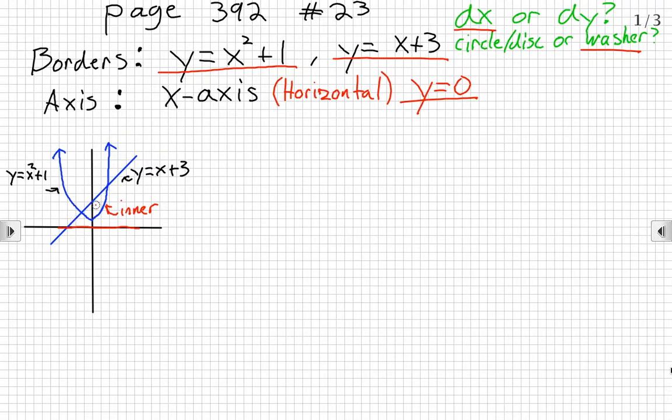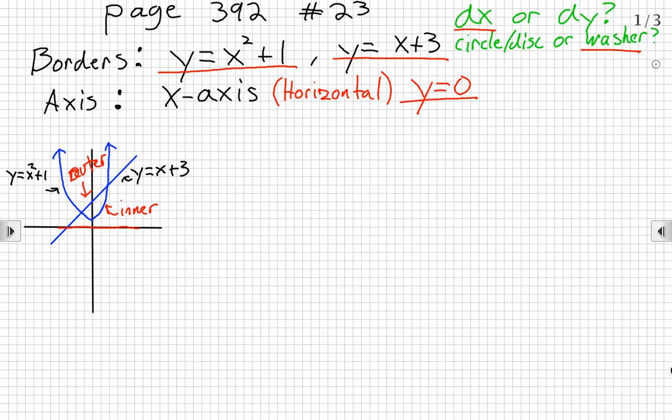The linear equation, for the region in question, is farther away, so that linear equation is our outer function. These are going to be key words in helping find big radius and little radius.